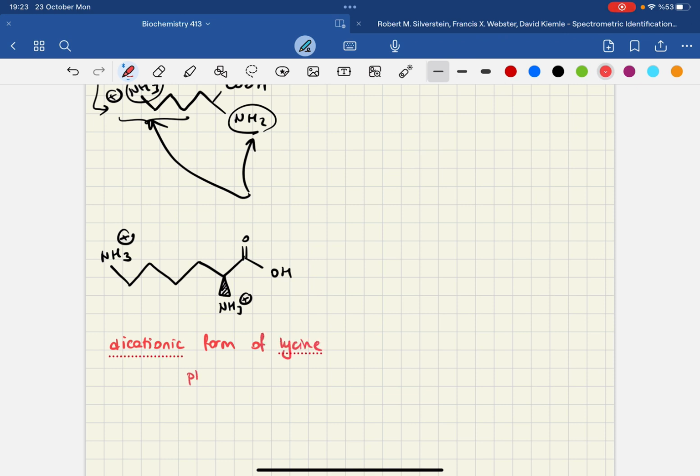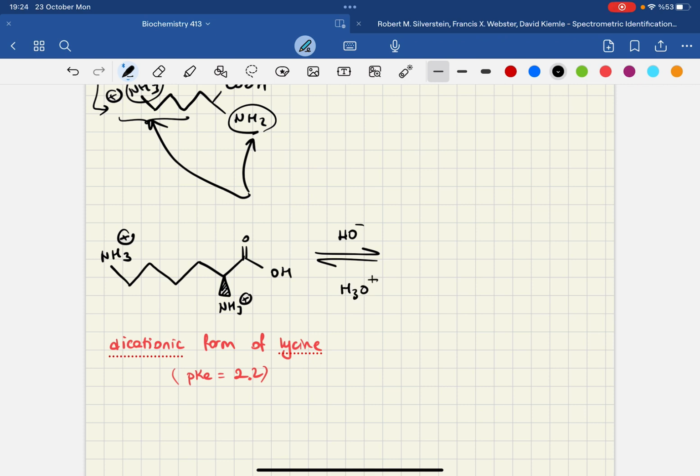And then we have a pKa of 2.2. This is the pKa of the carboxylic acid group, this part, because it's a really strong acid. And then we start to add a little bit of hydroxide ion. When we start to add hydroxide ion, this is the reverse reaction.